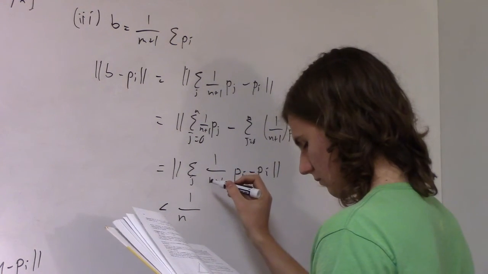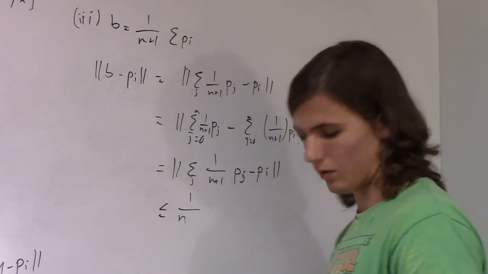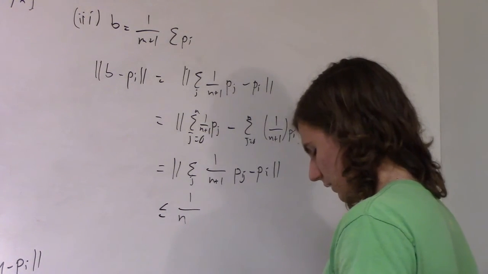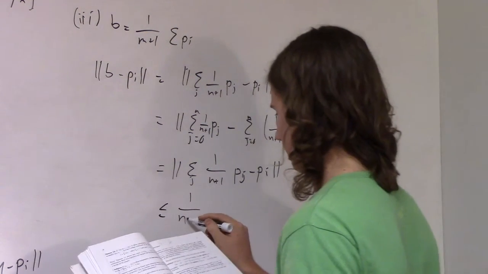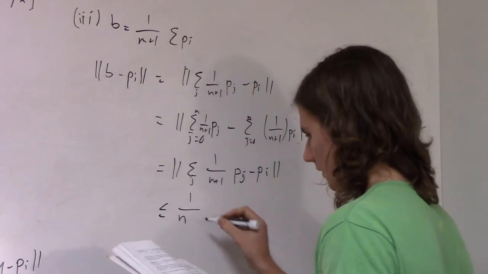So this gives us an explicit relationship between the diameter of the n-simplex and the barycenter. It gives us an estimation of how far the barycenter is from each of the vertices.